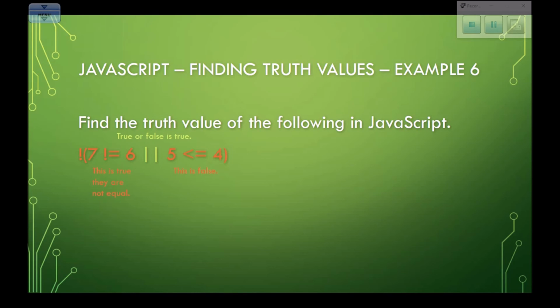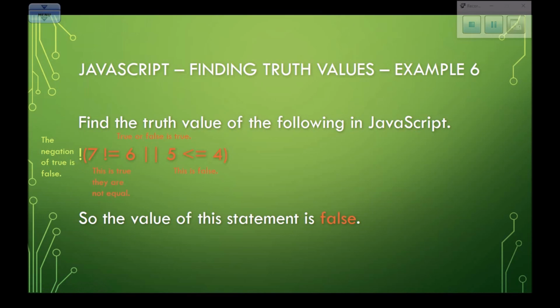I'm talking about an or here. So true or false gives me true. Okay. But look what I have way at the beginning of this. I've got this not. So not true is false. That statement is false.